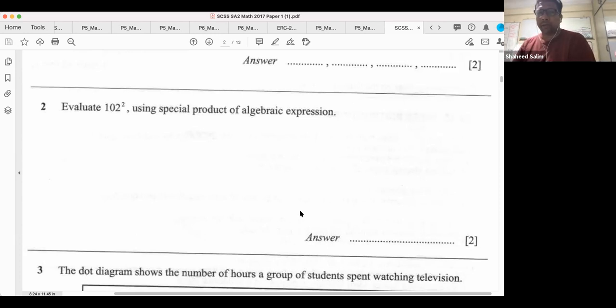We are revising because many of the topics, I realized with the other students, they have forgotten already. I think you might have forgotten as well. You remember? Okay lah. Come on. What's your answer then? Without using a calculator, using the algebra.